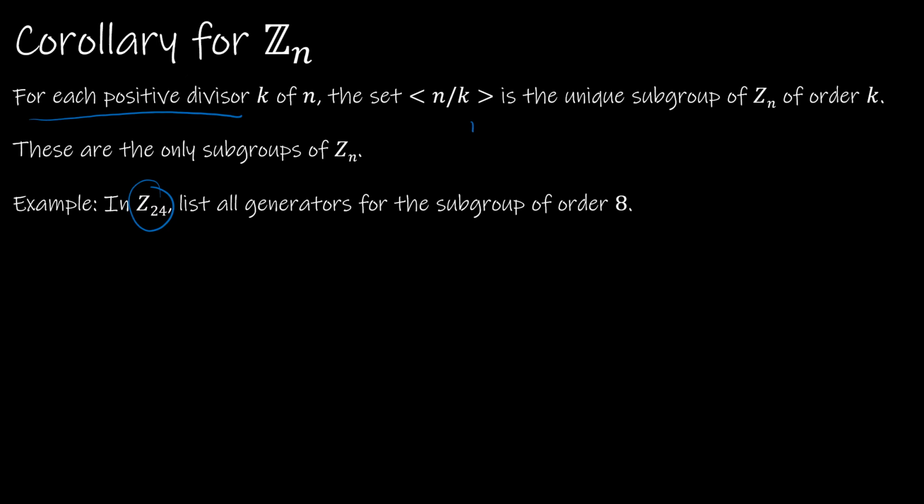Well, the divisors would be 1, 2, 3, 4, 6, 8, 12, and 24. So for each of those, we're going to have a subgroup of n divided by 1, so that's 24.